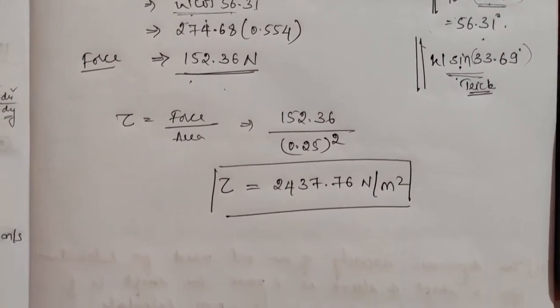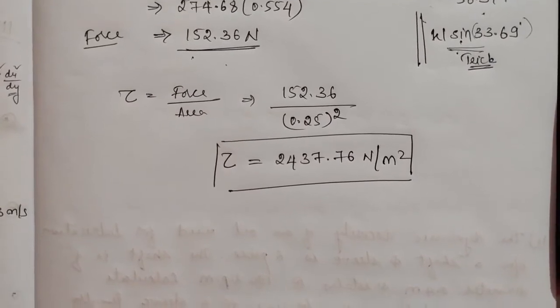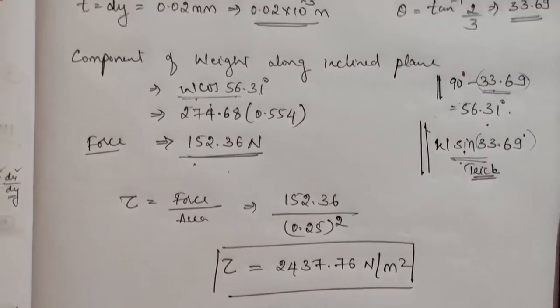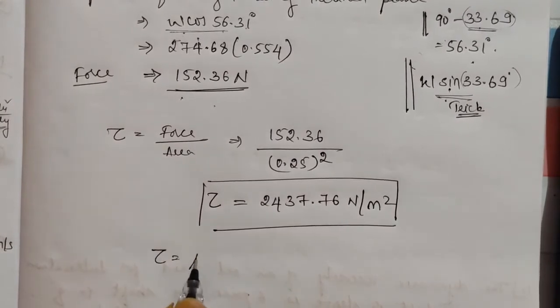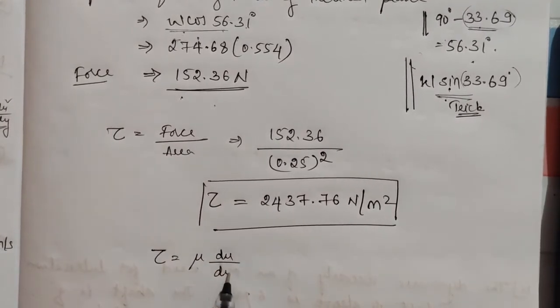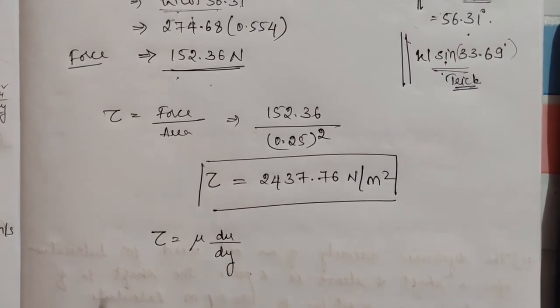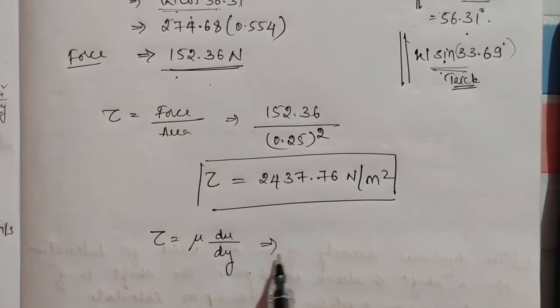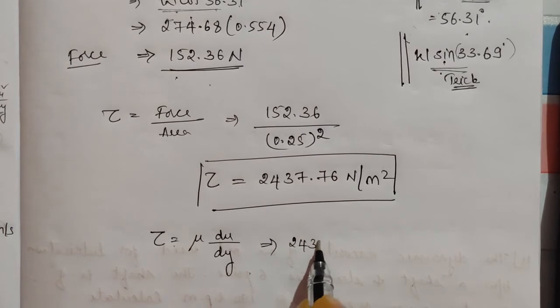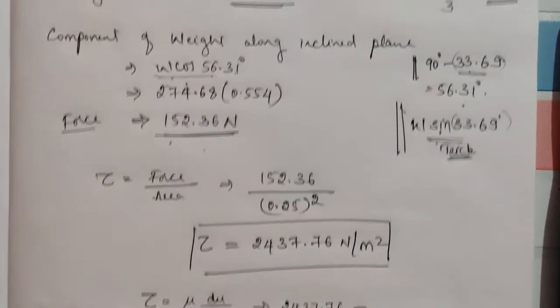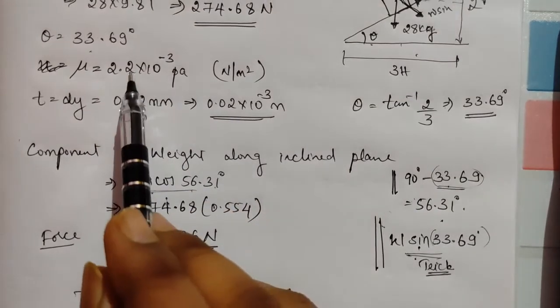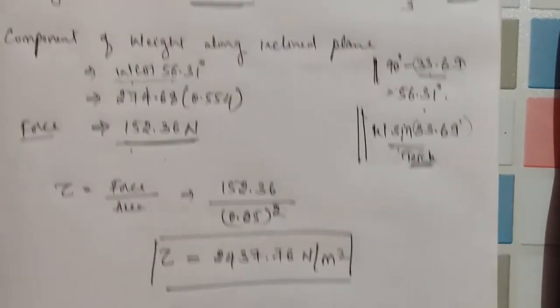Okay, so I got the value. What I need to find is du, or u. So I have the formula, tau is equal to mu into du by dy. What is the value of tau? That is 2437.76. What is the value of mu? It's already given, 2.2.